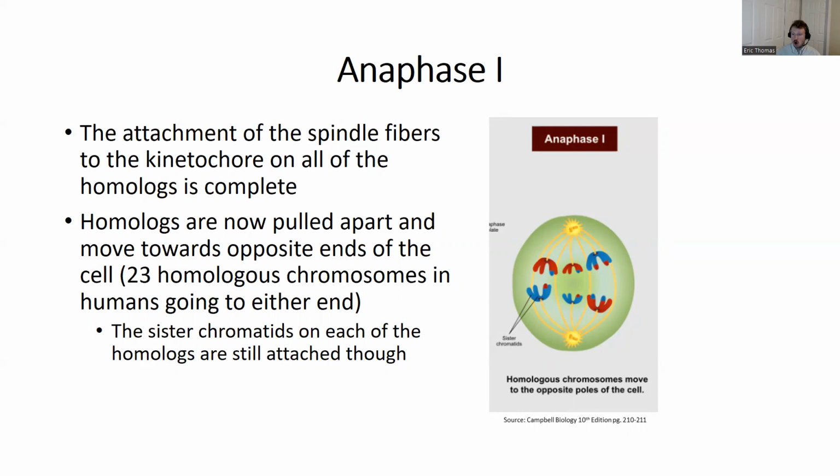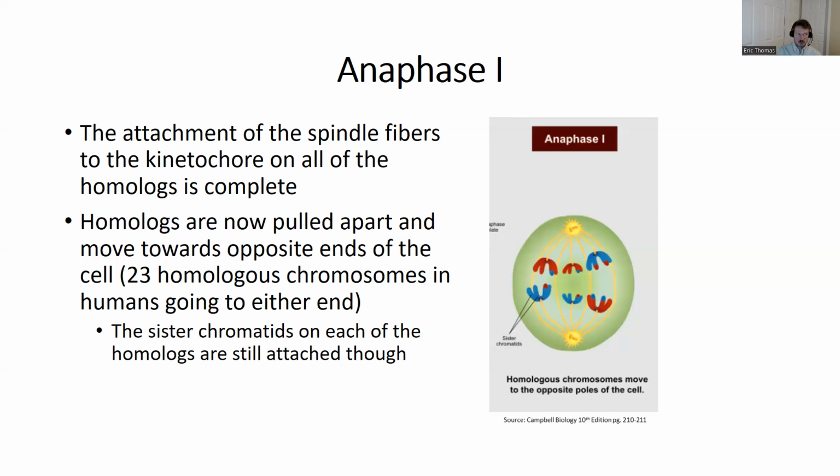Because the ultimate end result of meiosis is the production of these gametes, the sperm cell or the egg cell, by definition those are only going to have 23 chromosomes in them, because ultimately when reproduction takes place, the sperm fertilizes the egg, and we've got one set of 23 chromosomes and one set of 23 chromosomes being joined together during the creation of a new human life.